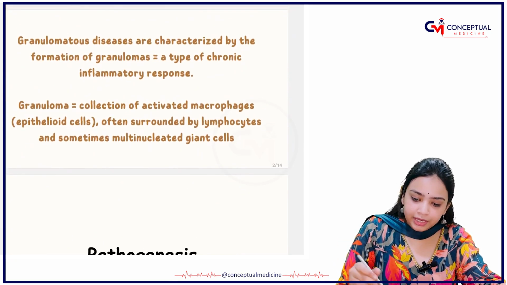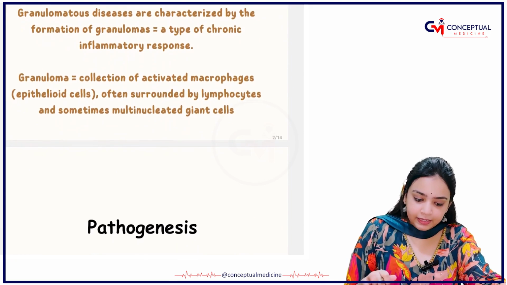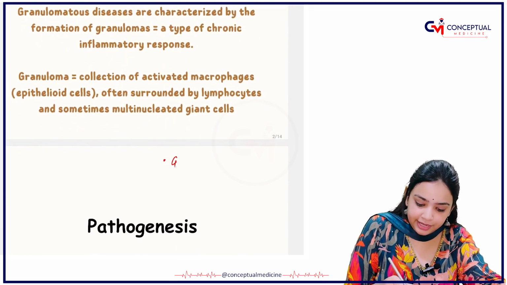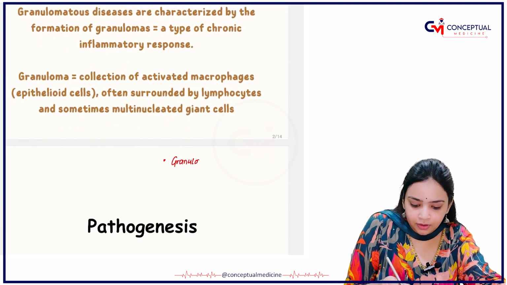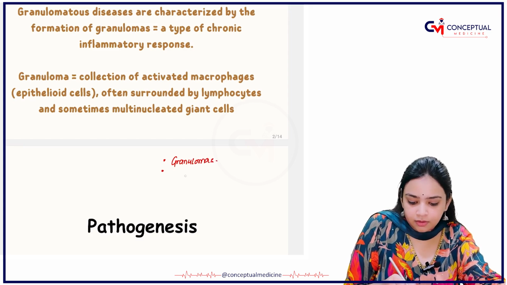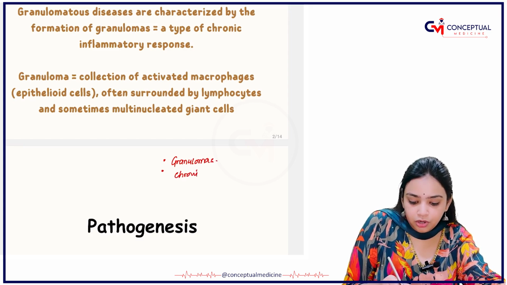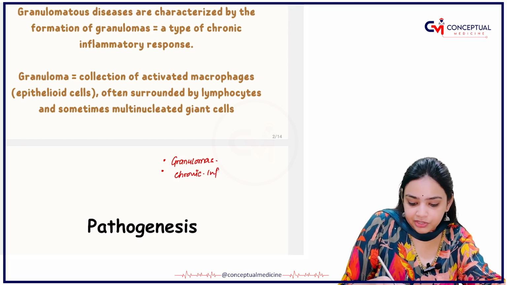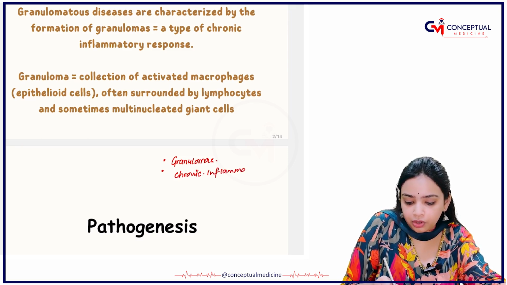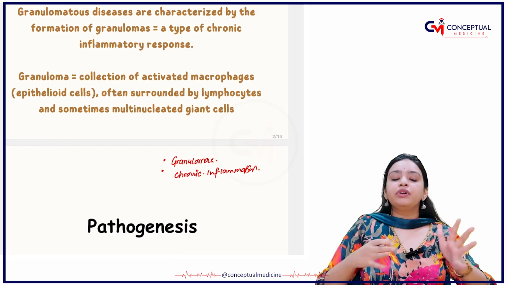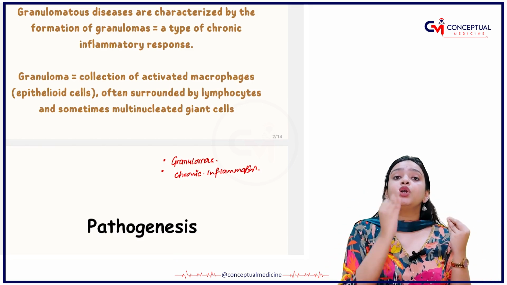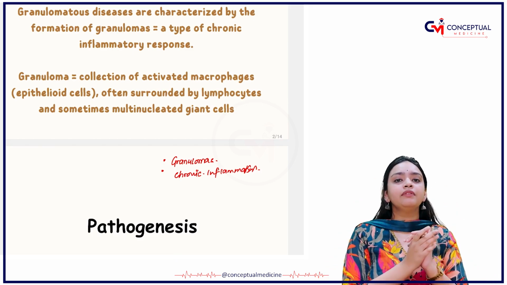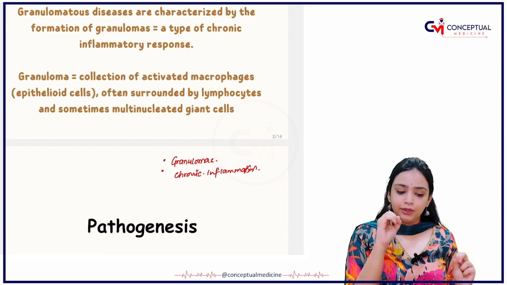So, what are granulomatous diseases? They are basically diseases characterized by granulomas in response to a chronic inflammation. So, whenever you have chronic inflammation in your body, your body will result in the formation of granulomas.